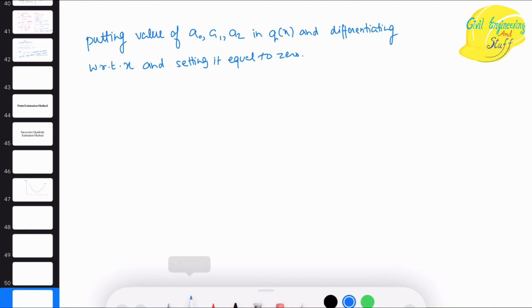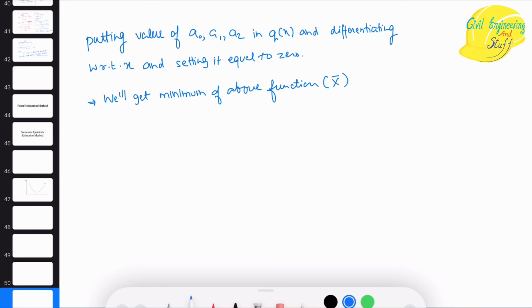Through this, as we saw in the single variable function when we were discussing, this is how we used to find out the minima of the function. So through this we will get the minimum of the above function, which we will denote as x bar.